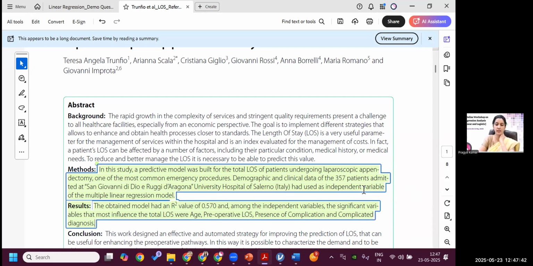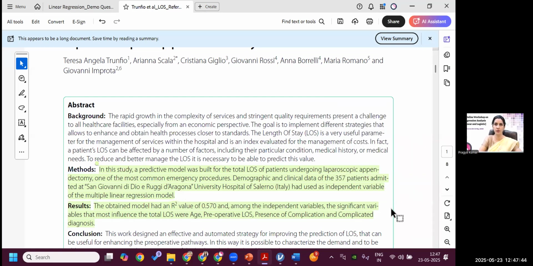Thank you. So in this case, you can see what was the dependent variable? Yes, all of you please type in the chat box. What is a dependent variable in this case? LOS. So they are predicting the length of hospital stay for patients who are undergoing the laparoscopic appendectomy. And what are the other predictor variables?